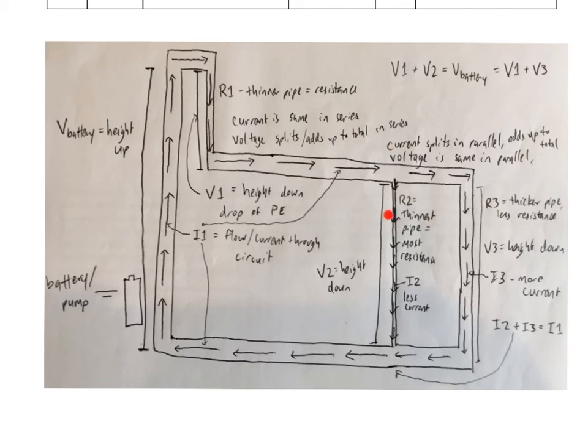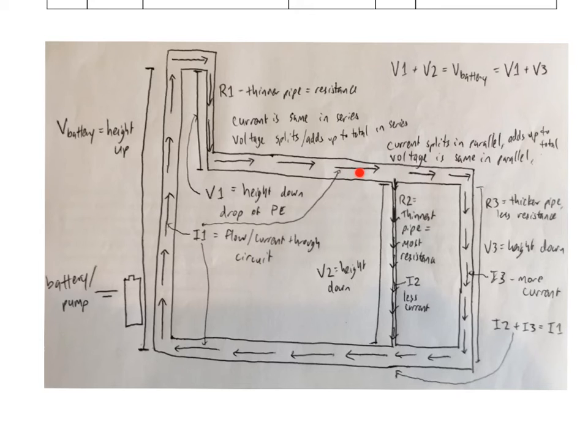In parallel, the current is going to split and add up to our total. So this current plus this current equals our original total current. So I took the length of this arrow right here, and if I split that length, it gives me a small arrow here plus a medium arrow here to equal my large arrow right here.